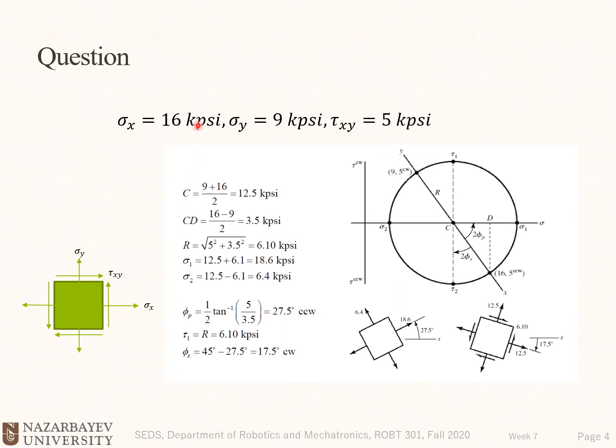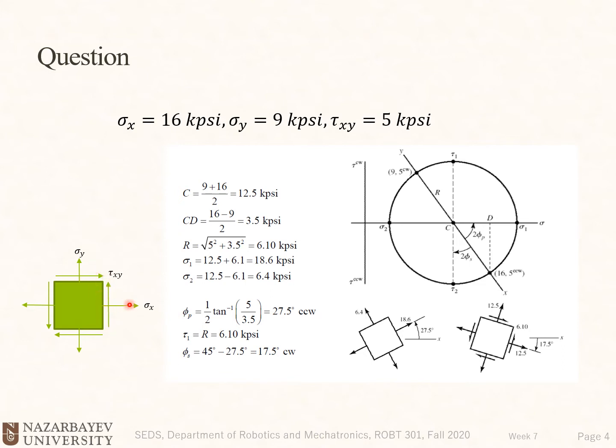But be careful that this tau xy is positive based on the stress tensor matrix, okay? So it's positive in the tensor stress matrix, but not necessarily in the Mohr circle. In the Mohr circle, we need to follow the convention of the Mohr circle for each side, I mean the x or y side of the cube.